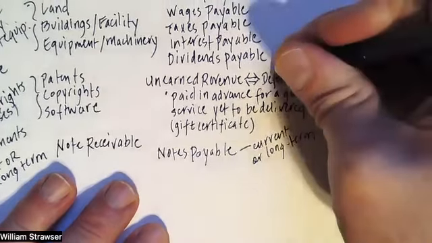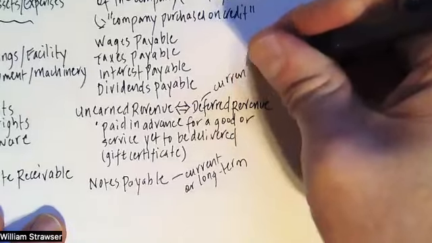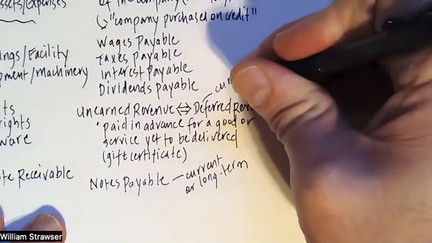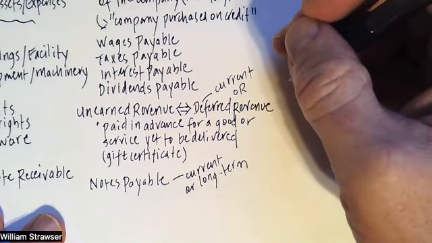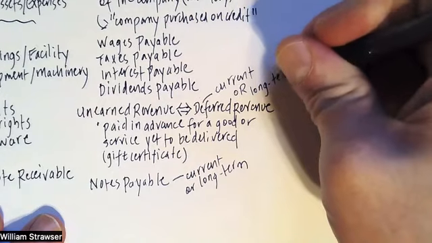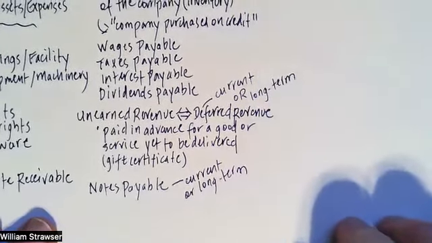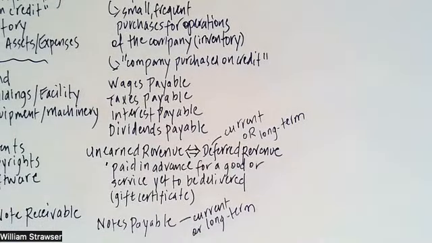So can deferred or unearned revenue. For example, if a customer prepays us for a 2-year subscription, then we are going to earn some of that revenue within the first year, so that would make it current. But then we're going to earn some of that beyond the first year, so then it becomes long-term.